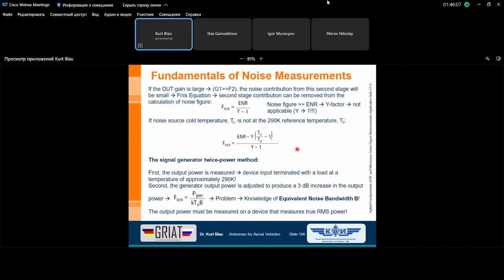It's an equivalent noise temperature of, I think, smaller than 30 Kelvin. This is very, very good.